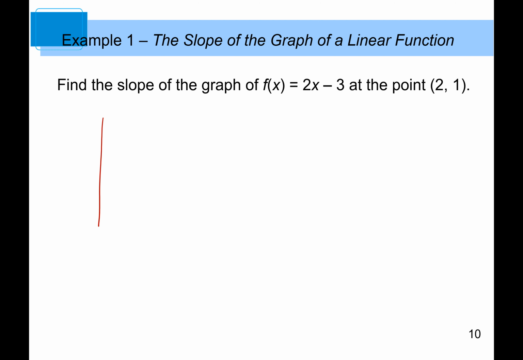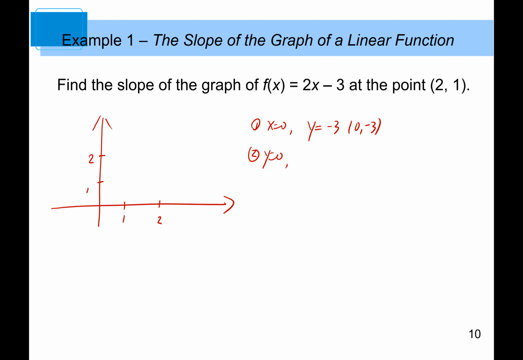If you draw this graph, 2x minus 3, it passes through the y-intercept: when x equals 0, y equals negative 3, so we have the first point 0, negative 3. The second one: when y equals 0, x equals 1.5, which is 3 over 2, and the point is 3 over 2, 0.